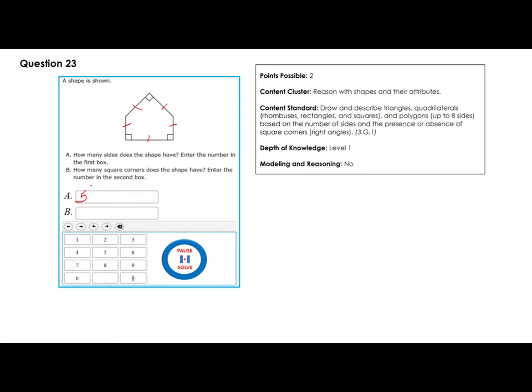Now, how many square corners? A square corner is when you have 90 degrees. This is not a square. You have 1 here, 2, 3 corners with 90 degrees. So you have 3.